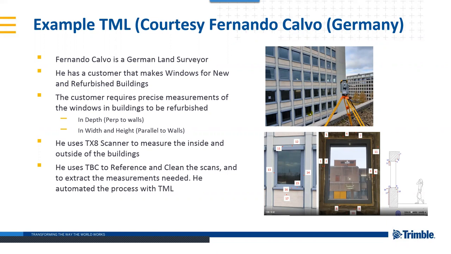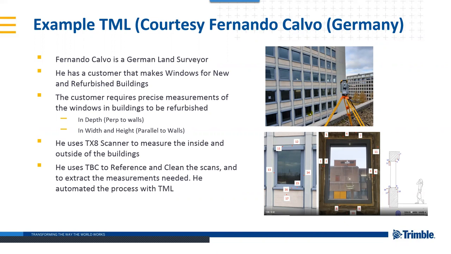But this example is he has a contract with a large industrial window manufacturer. They do a lot of new windows for new buildings, but also a lot of building windows for refurbs on buildings. And this example he gave me here is a 12-floor building with nearly 600 windows on 3 faces of the building.